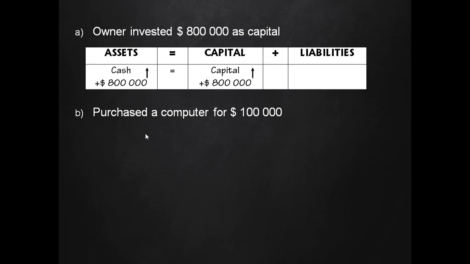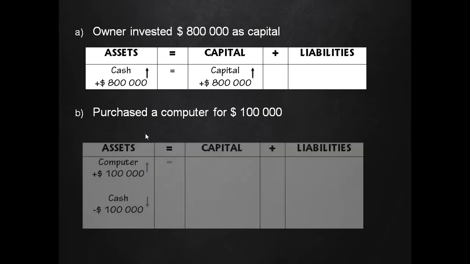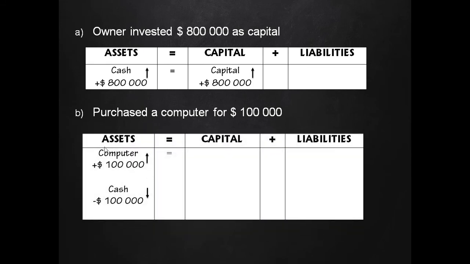This transaction will increase one asset and decrease another asset of the business by $100,000 since they paid cash. Assets increase by $100,000 as computer, since we purchased a computer, and decrease by $100,000 from cash.